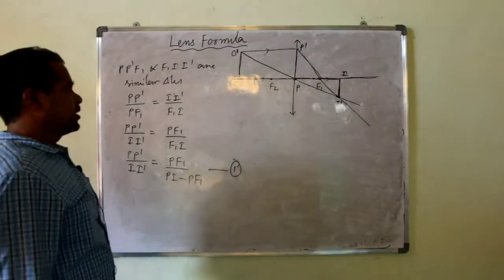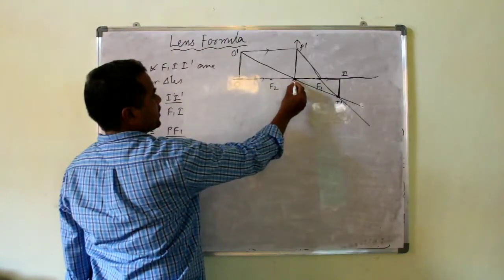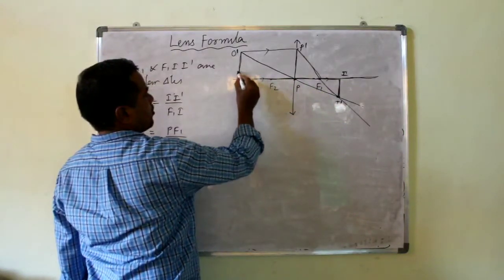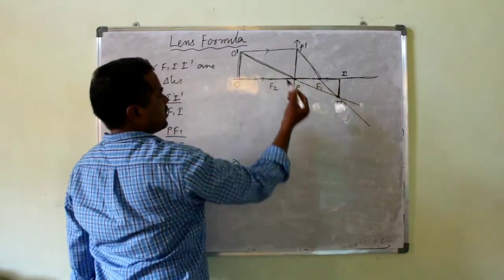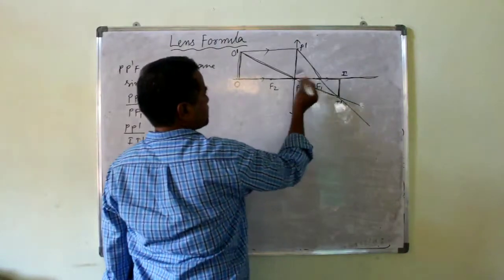Next, again consider two more similar triangles in this diagram, that is PO' and PI'.